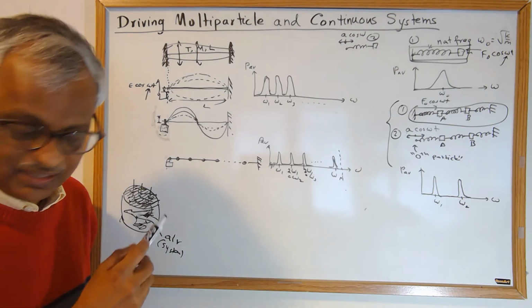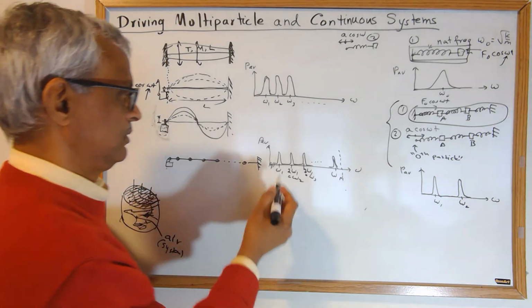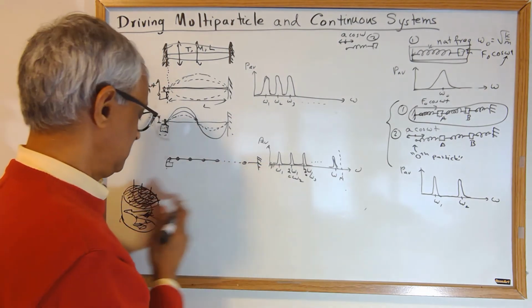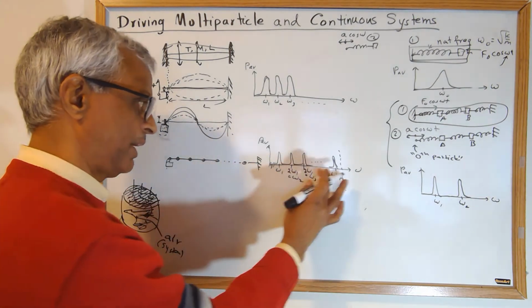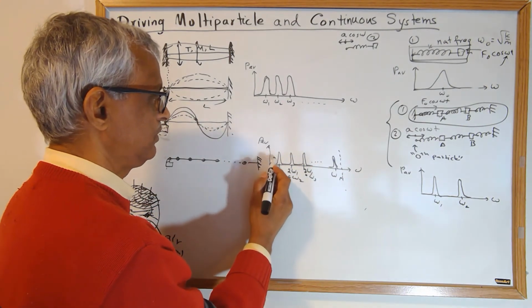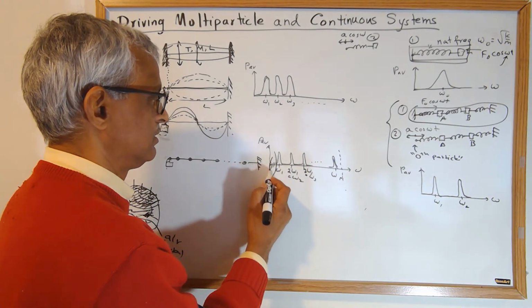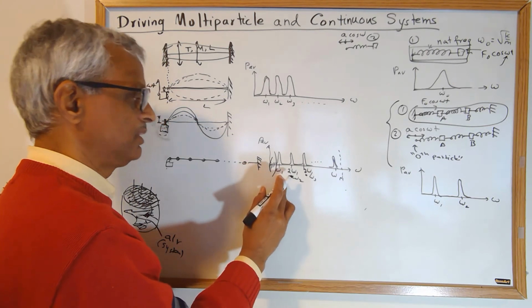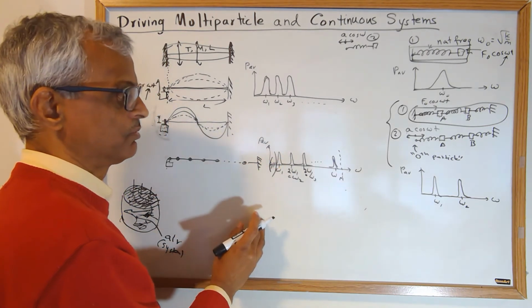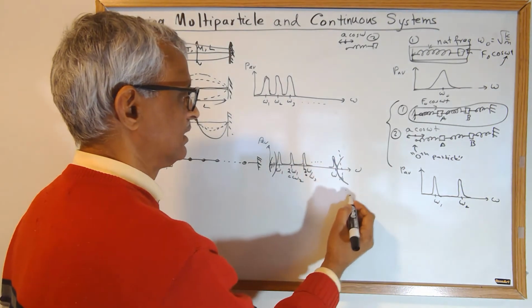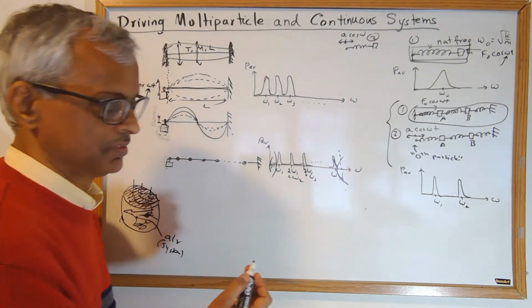So getting back to this, you can see kind of an application here. There are these frequencies which are below the lowest frequency normal mode, and these frequencies are above the highest frequency normal mode.